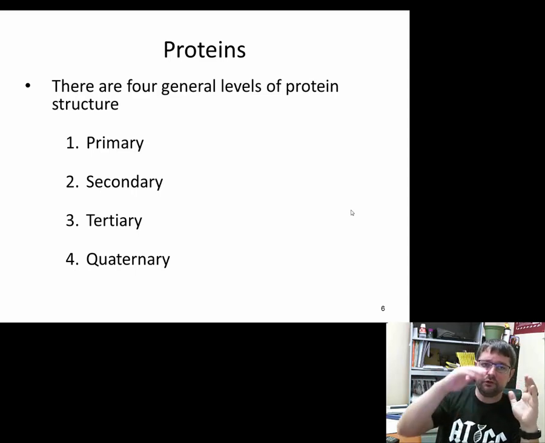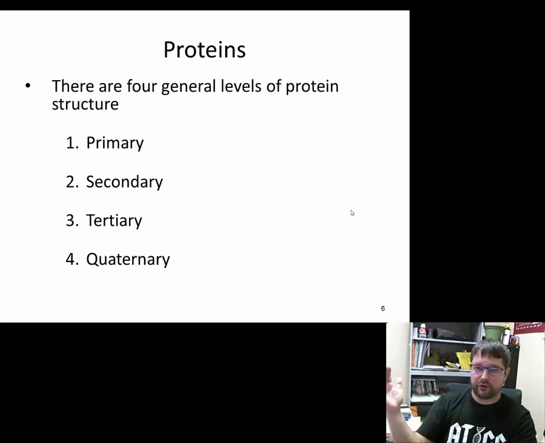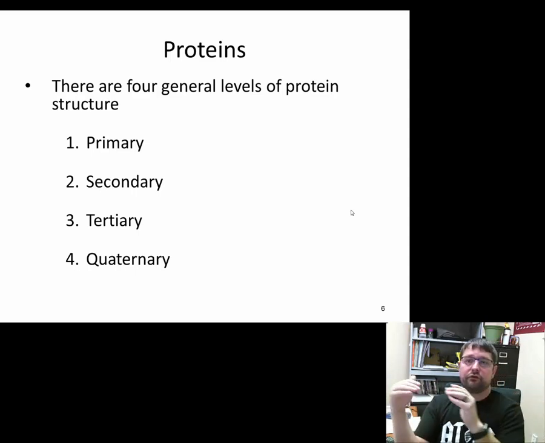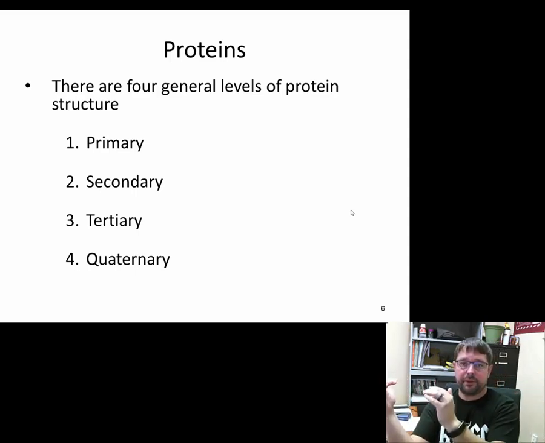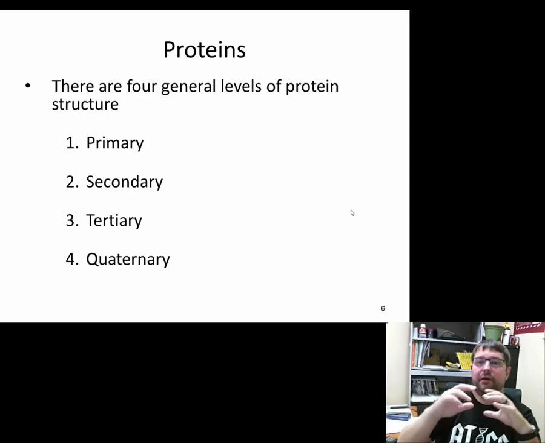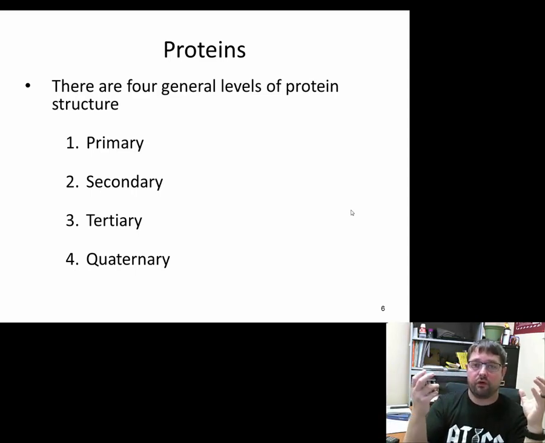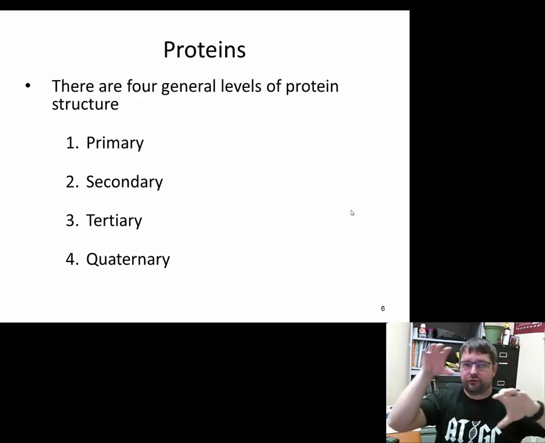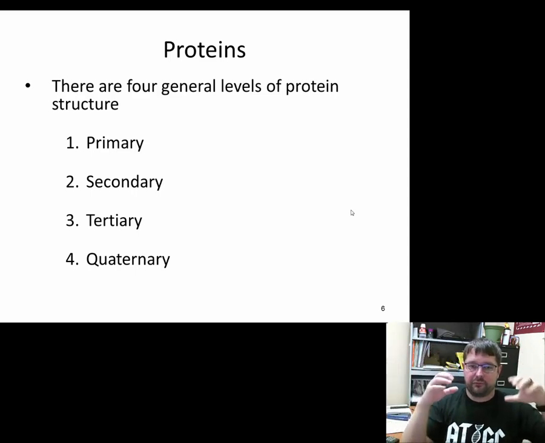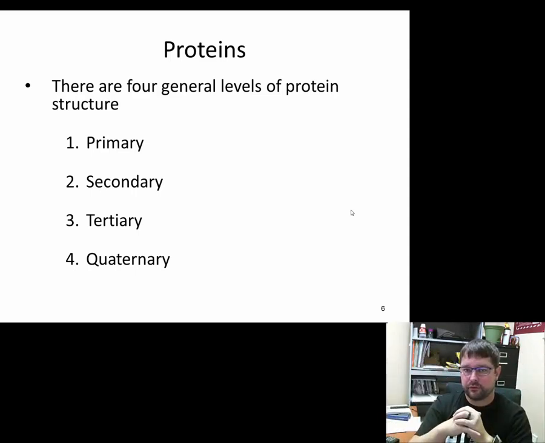So you might have one region of your amino acid chain that goes into a helical shape, another region that goes into a sheet shape, like a beta sheet, and then maybe some kind of coil also, or multiple beta sheets, multiple coils, multiple helixes. That's a tertiary structure. And quaternary structure is taking a few of these tertiary structures and sticking them together, making a much more complex protein.